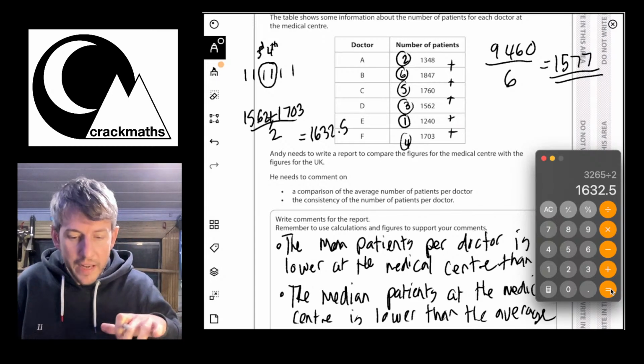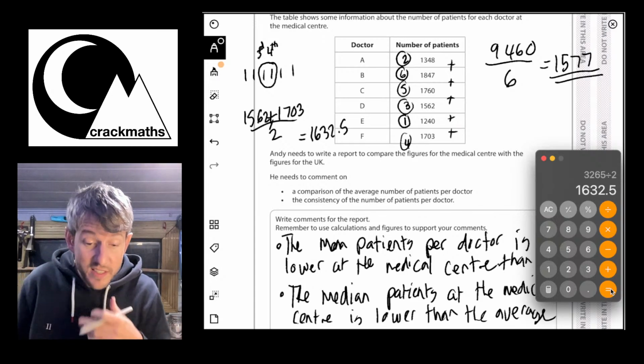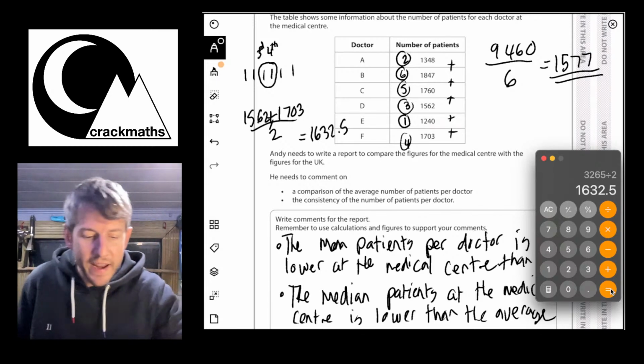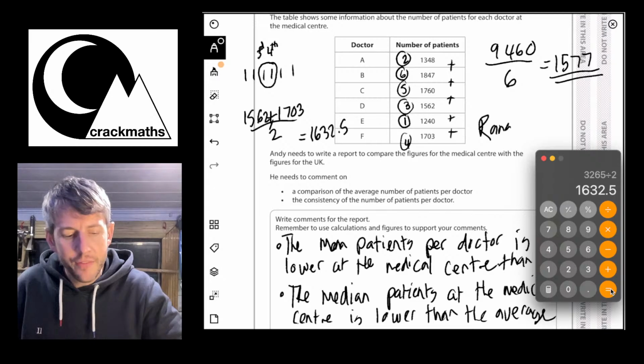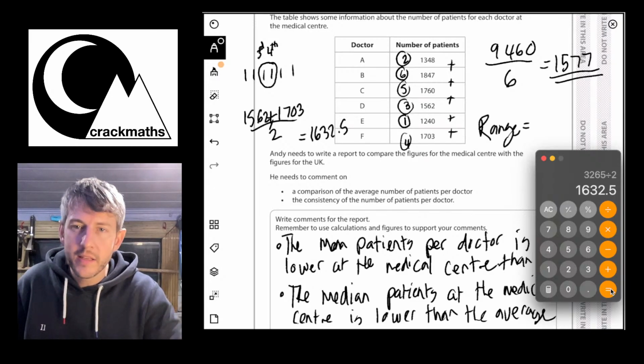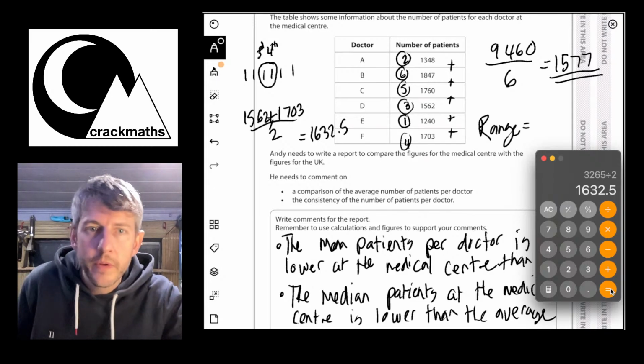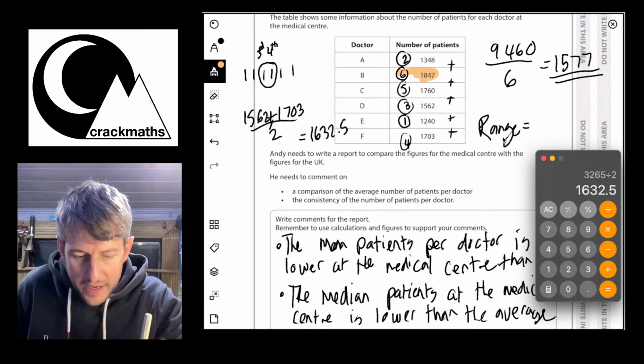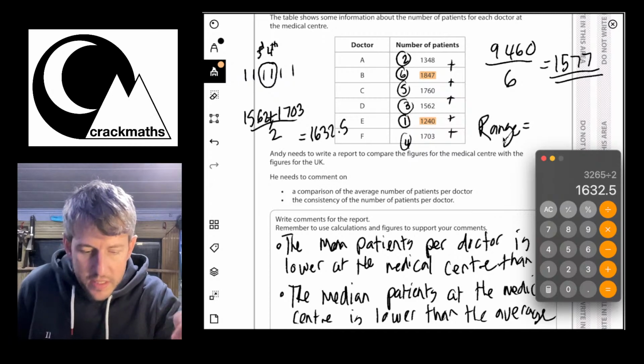Okay, now the last thing they wanted us to talk about was the consistency. So the consistency, we use the range for this, and the range is the difference between the highest and the lowest. Okay, so let me look here. We've got the highest number of patients is this, and the lowest number of patients is this.